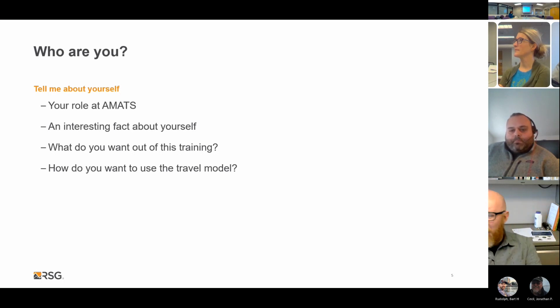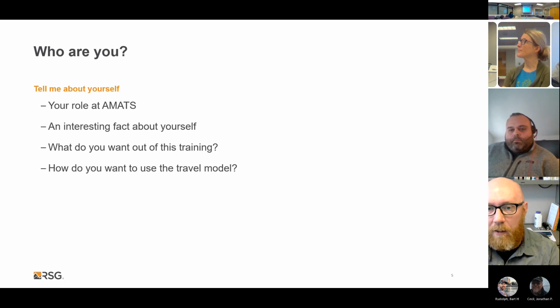I'm currently working on preparing for an upcoming service change, and updating some of our bus stop amenity plans and guidelines. I'm curious to learn more about the model. It's fairly new to me. Other than that, thank you.